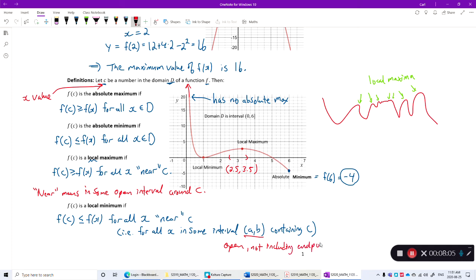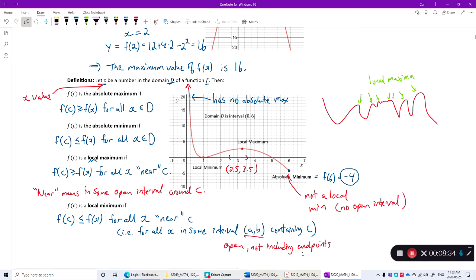I'll say it again. c is not allowed to be at the end of the interval. So for example, this one, that's not a local min because there's no open interval containing it. Because it's already at the endpoint. Okay, so I hope you caught the difference between absolute and local here.